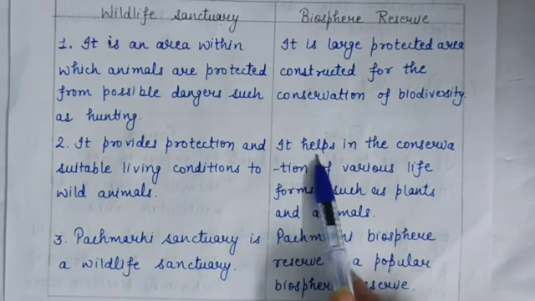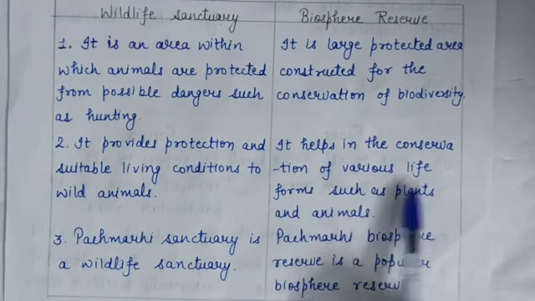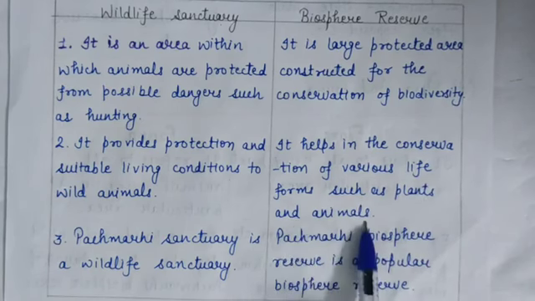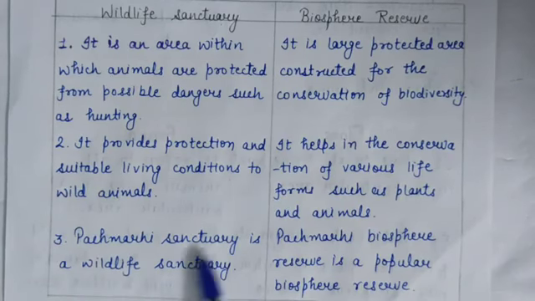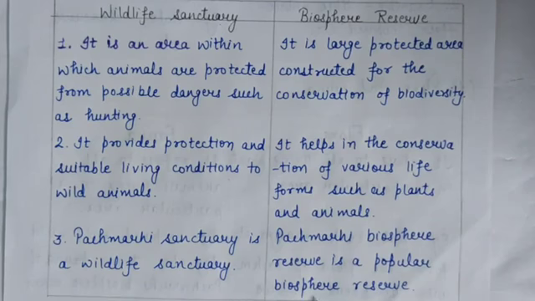And biosphere helps in the conservation of various life forms such as plants and animals. Third is Pachmarhi Sanctuary is a wildlife sanctuary and Pachmarhi Biosphere Reserve is a popular biosphere reserve.